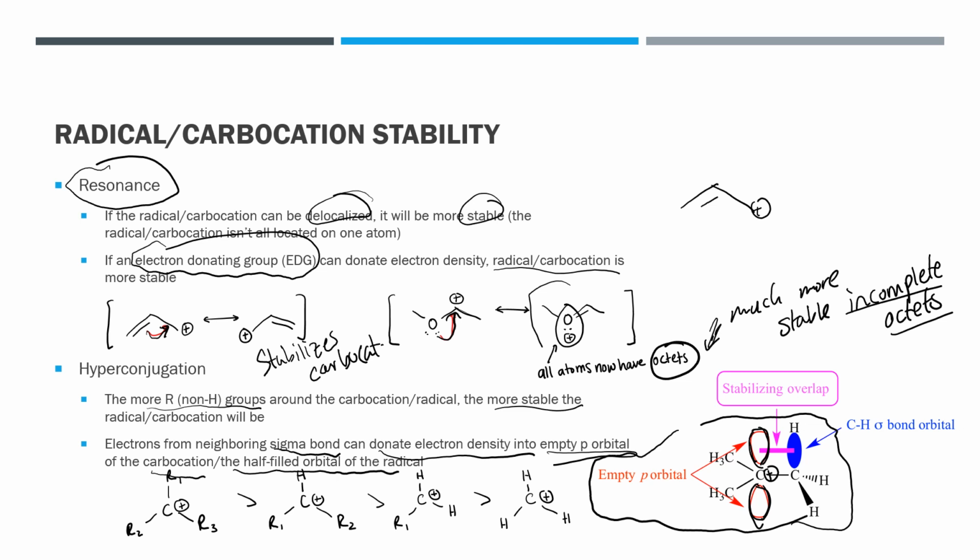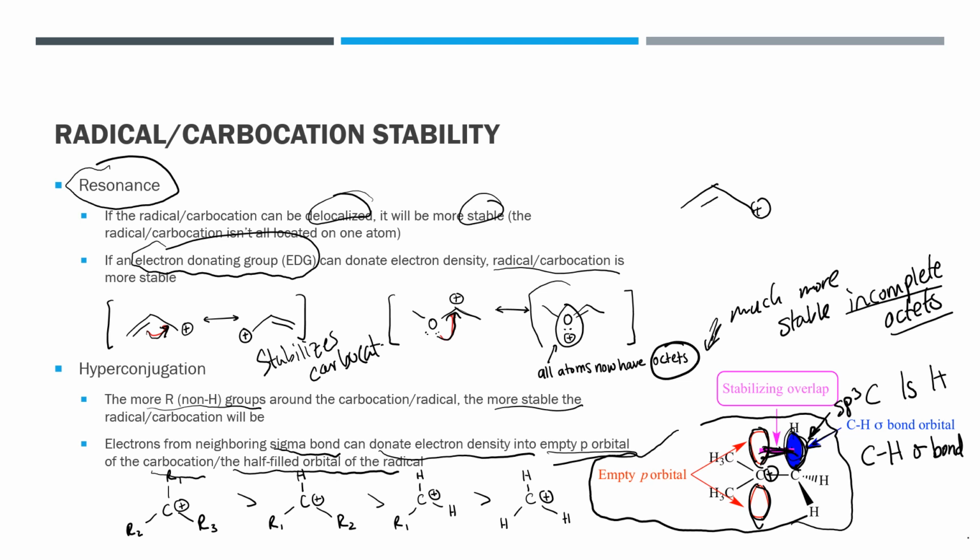If another orbital, like our sp3 orbital, our sigma bond, so the CH sigma bond is formed by the overlap of the sp3 orbital of the carbon and a 1s orbital of the hydrogen. So if this sp3 orbital of the carbon can overlap just a little bit with the p orbital, we're donating a little bit of electron density.